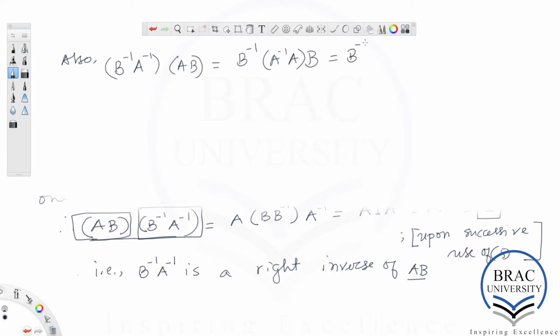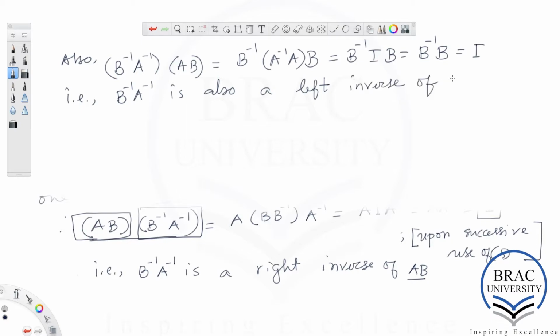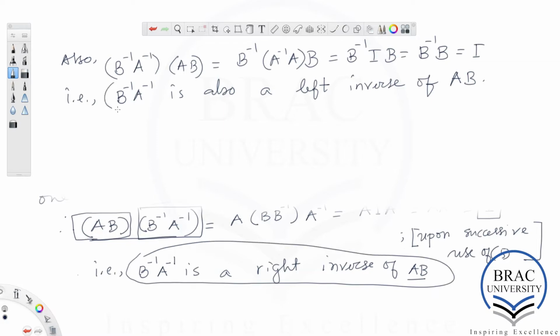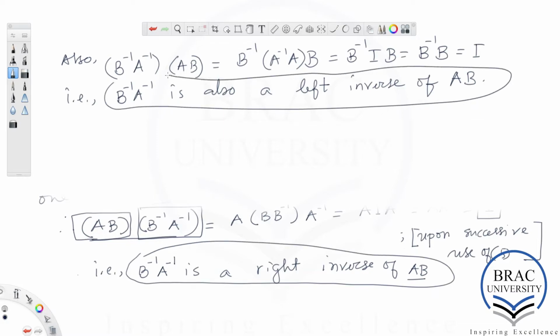This is going to be equal to B inverse I B, which is simply B inverse B, and B inverse B is equal to I. Alright, so it implies that B inverse A inverse is also a left inverse of AB. So we have seen that B inverse A inverse is a right inverse of AB, and we also see that B inverse A inverse is a left inverse of AB.